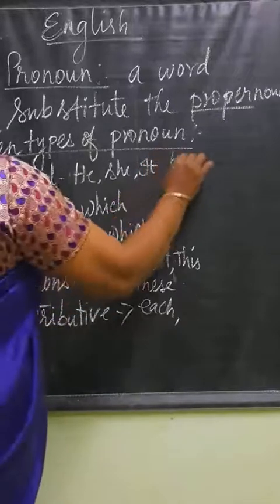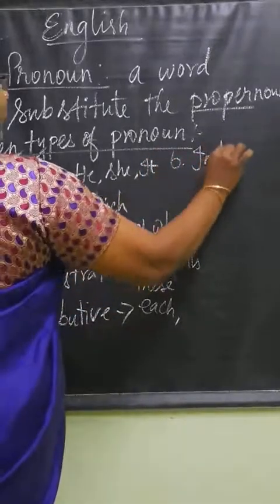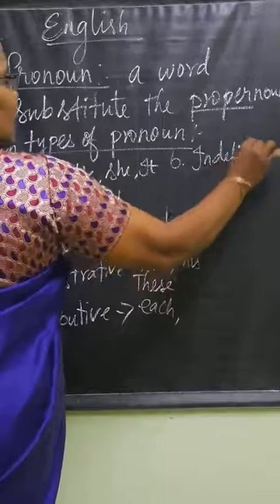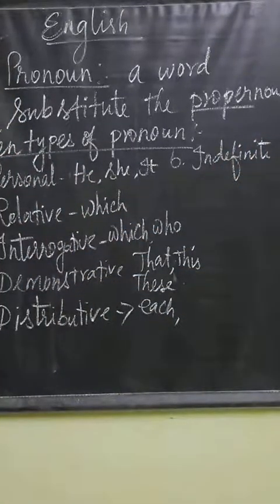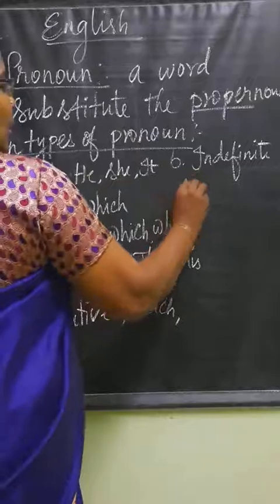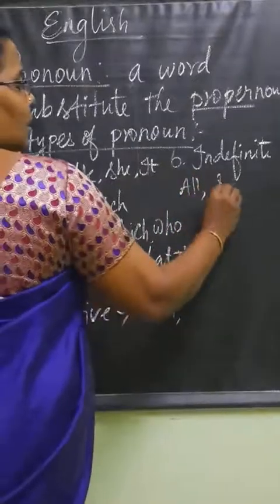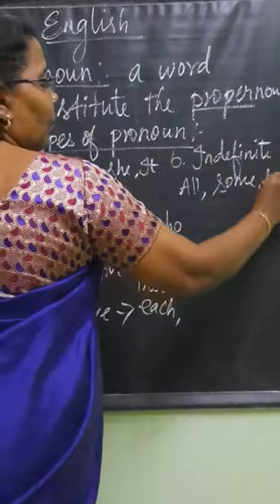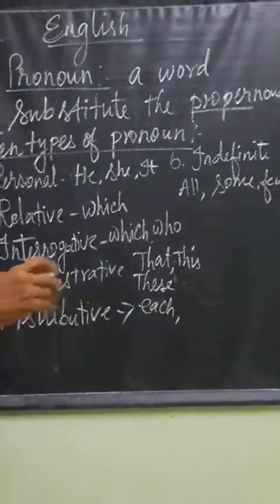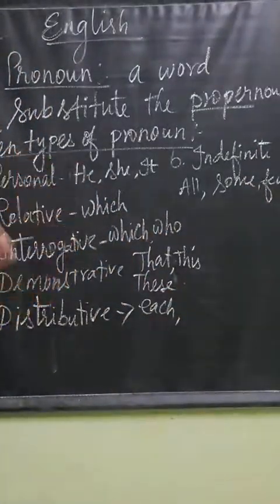Indefinite pronoun. What is indefinite pronoun? It doesn't particularize a person. That is indefinite. For example, all the students, some of them are waiting, few of them are waiting. We are not particularizing any particular people.